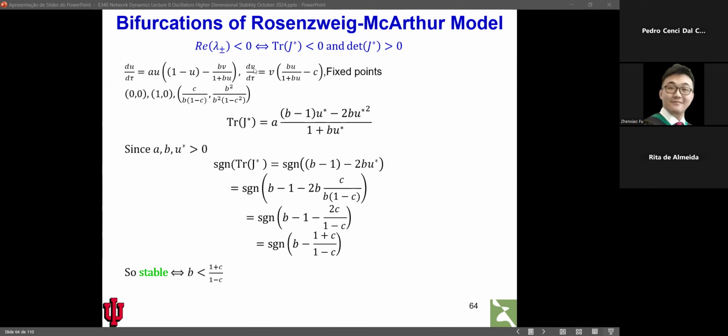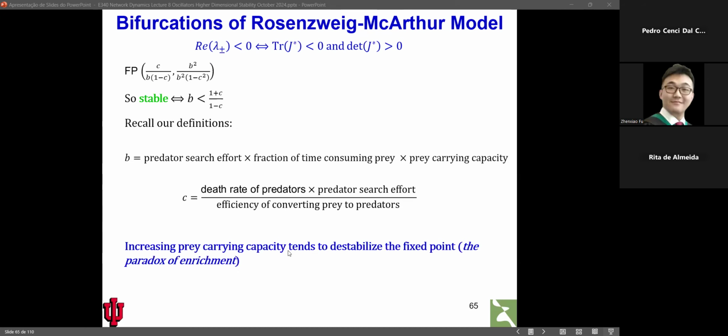And again, you are looking at this part here. So A, B, and u star are larger than 0, then the sign of the thing is going to be stable if P is less than 1 minus C and 1 over 1 plus C over 1 minus C. And then we are going to be stable with this thing.